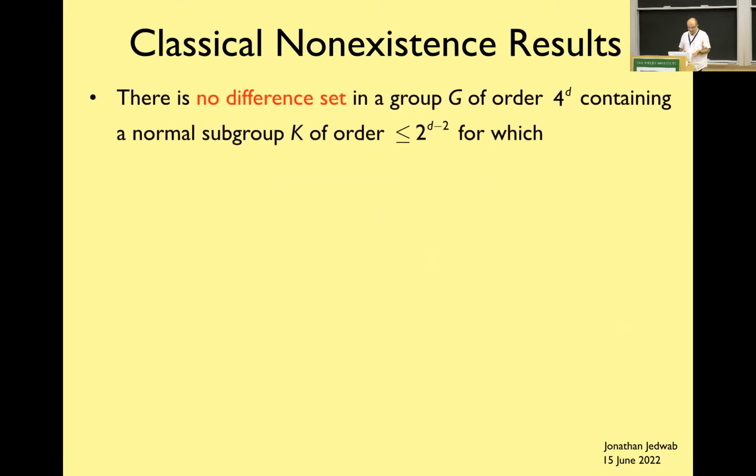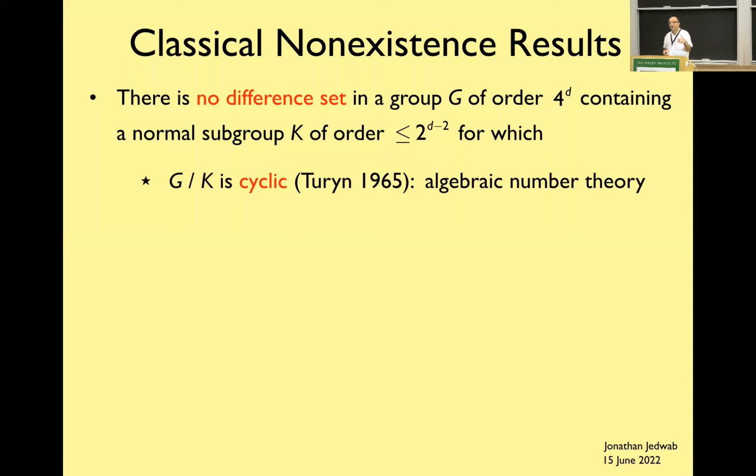So here is when you can't make a difference set in a group of order 2 to the d. Well, when you have a normal subgroup, K, such that the quotient group is cyclic and too large. So if a group has a cyclic quotient that is too big relative to the order of the group, then provably we can't have a difference set.